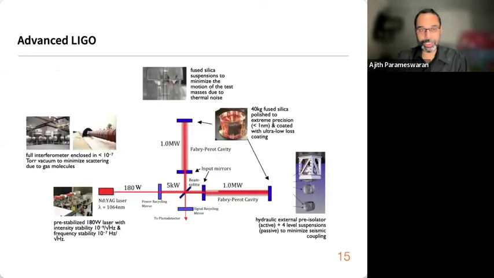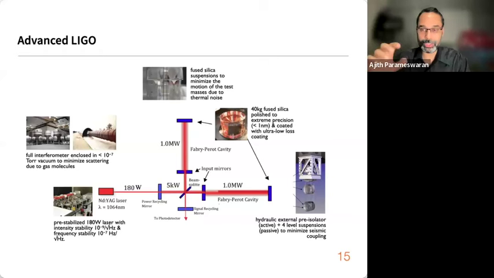Okay, so to summarize, advanced interferometers like Advanced LIGO use all these technologies to do very precise measurements. For example, they are kilometer-size Michelson interferometers with Fabry-Perot arm cavities, and they use extremely high quality optics to minimize the motion of the test masses due to thermal noise.